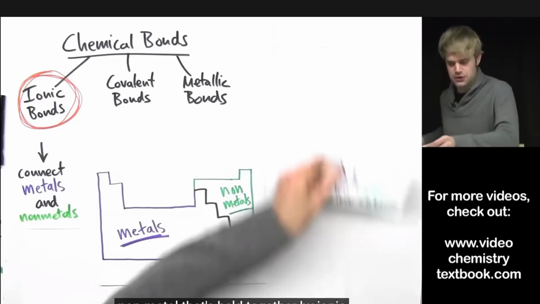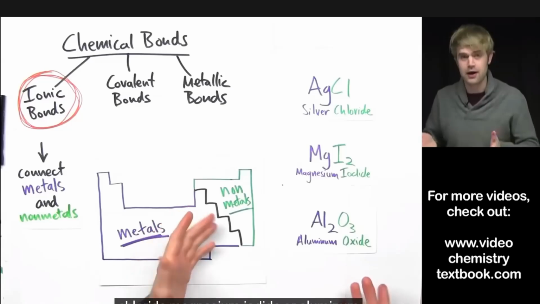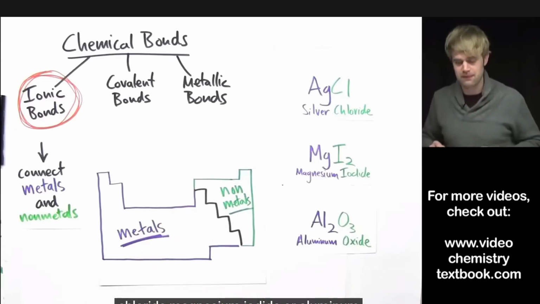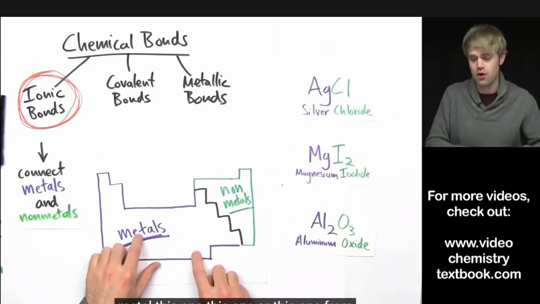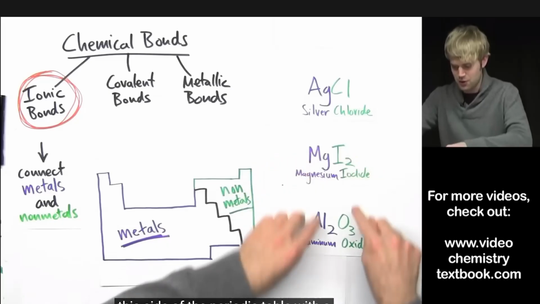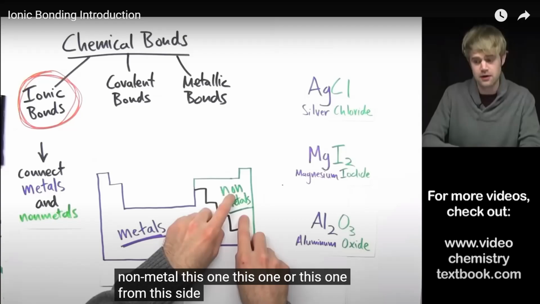Some examples are silver chloride, magnesium iodide, or aluminum oxide. Each one of these chemicals has a metal from this side of the periodic table, with a non-metal from this side. And we're going to fill in those compound names.